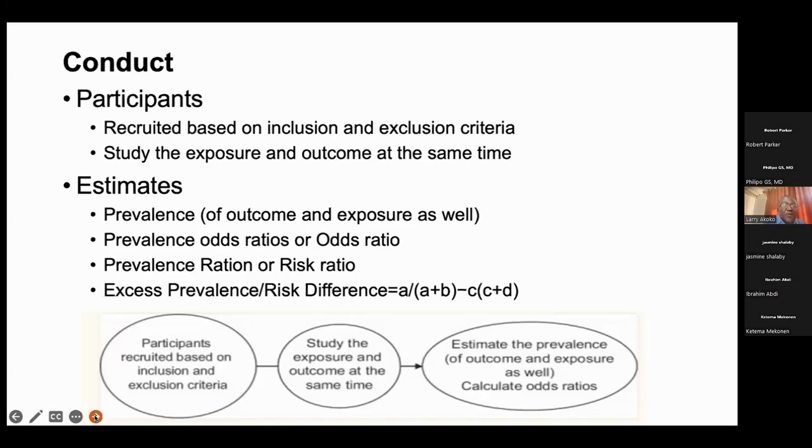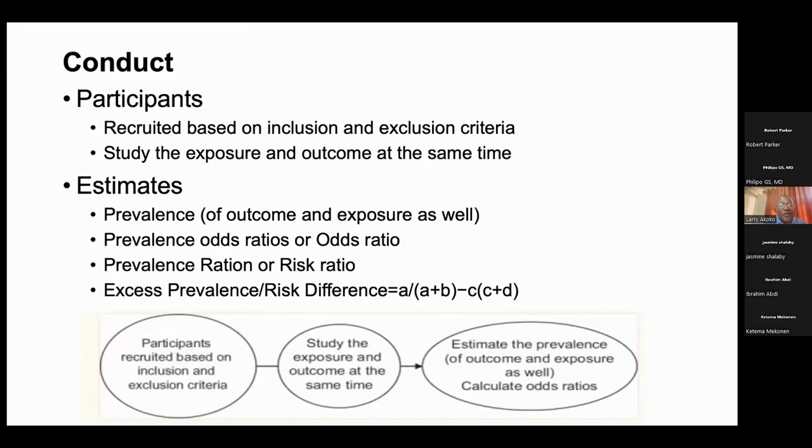So you also want to look at the estimates. What are the estimates that are being used in a cross-sectional study? So you use things like prevalence of outcome and exposure, or prevalence odds ratio, or specifically odds ratio. I prefer using prevalence odds ratio to differentiate it from the odds ratio that we get from superior longitudinal studies.